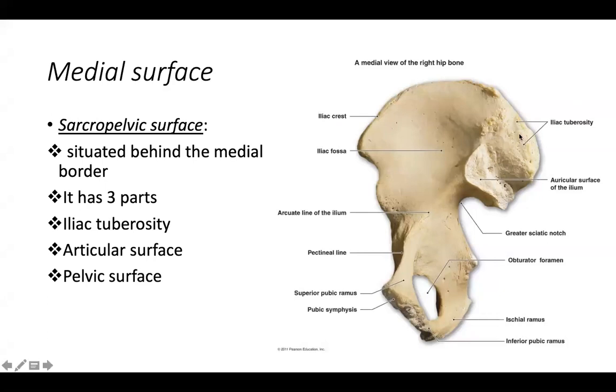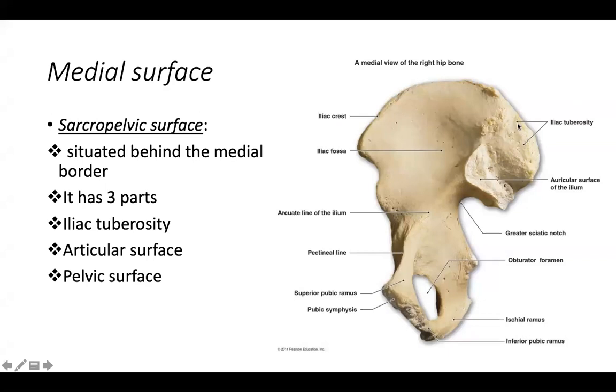This iliac tuberosity not only gives attachment to the sacroiliac ligament, it also gives attachment to the iliolumbar ligament, which extends from the ilium to the lumbar vertebra.